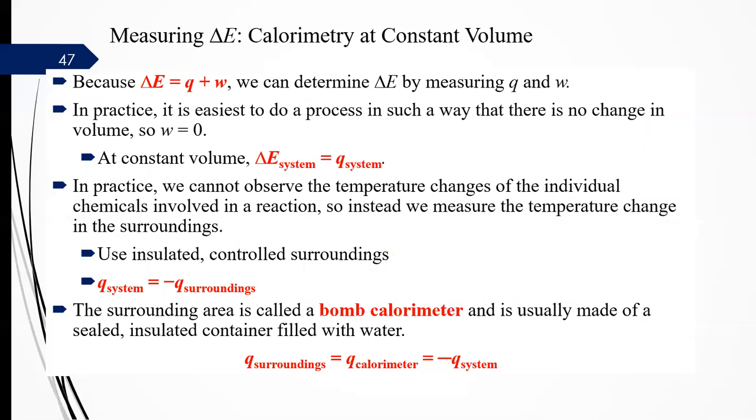Now, what we're going to focus on for the rest of the lecture is a little bit on this calorimetry side of things. So calorimetry is when we have an isolated system. We're going to try to put our system into a device, and we're going to try to measure the heat change that the device feels from its surroundings. So the surrounding area is what we call the bomb calorimeter.